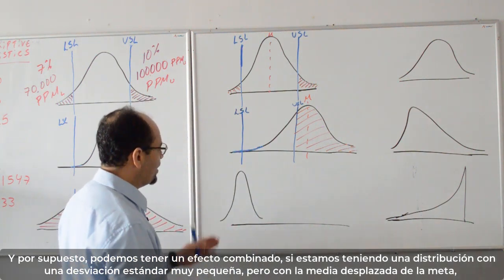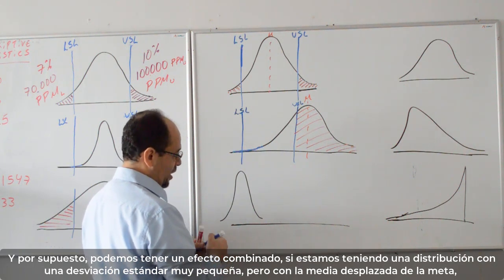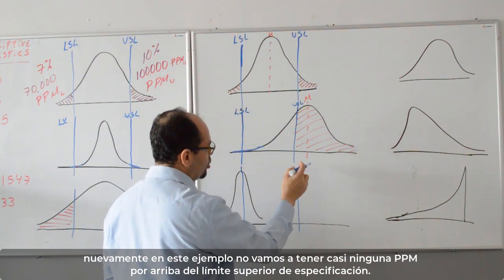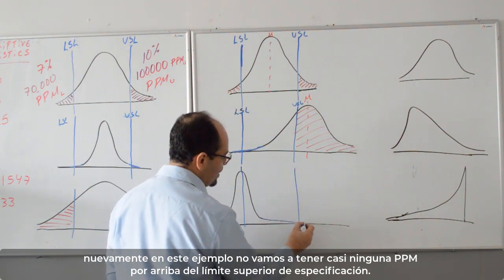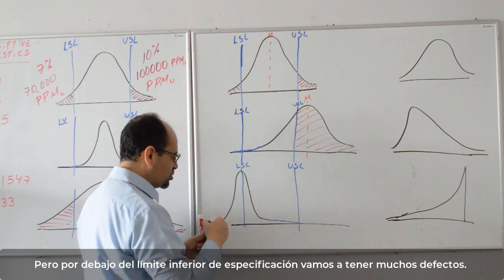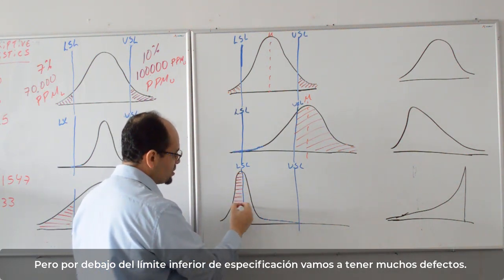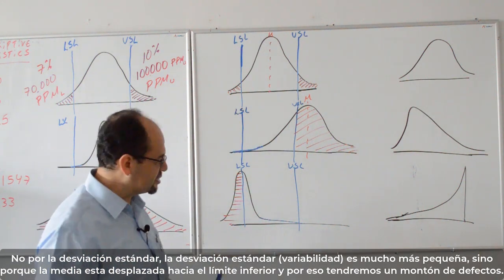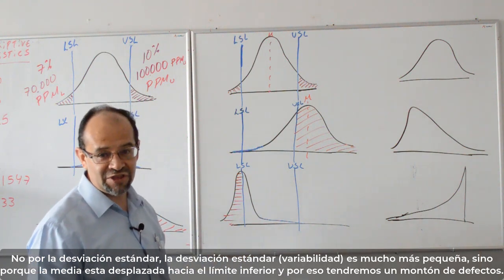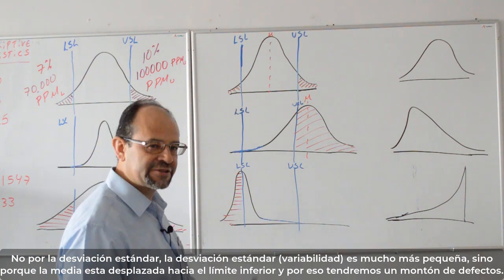If we have a distribution with a very small standard deviation, but with the mean shifted from the target, again in this example we are not going to have almost any PPMs above the upper specification limit, but below the lower specification limit we can have a lot of defects, not because of the standard deviation. The variability is much smaller, but because the mean is shifted to the lower side, we are going to have a lot of defects.